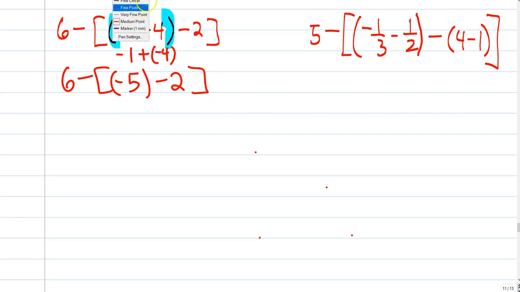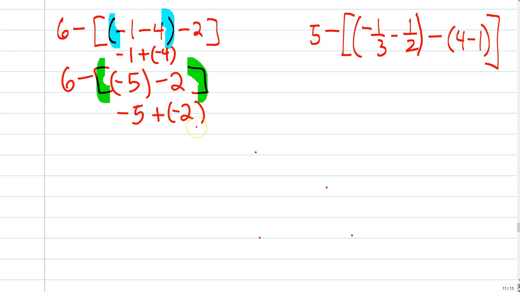Second group we need to deal with right here. Negative 5 minus 2. I know that that's negative 7. I'm not doing any tricks. All I'm doing, I've had a lot of practice with this, I'm seeing negative 5 minus 2 as negative 5 stays plus negative 2. Negative 5 plus negative 2, they combine to give me 7 negatives.